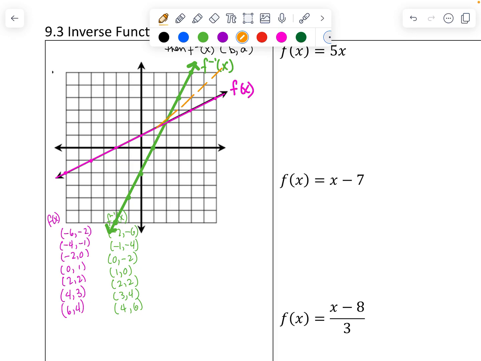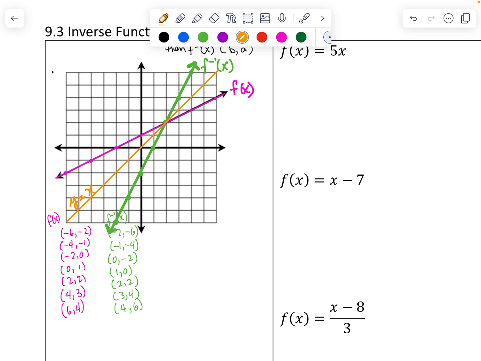So if we were to graph the line y equals x, and if we fold the graph on that orange line, then the pink line would land on top of the green line. The green line would then be the inverse of the pink line. So basically what you do is you switch the x's and the y's and graph.